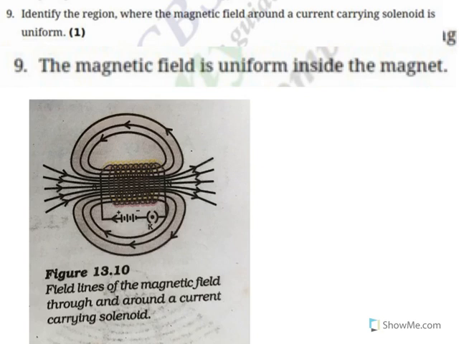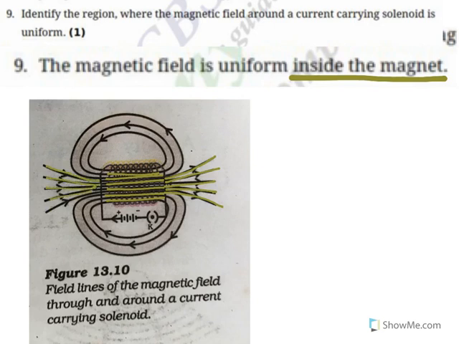Identify the region where the magnetic field around a current carrying solenoid is uniform. It's uniform inside the solenoid. Here in the diagram you can see inside the lines are straight and uniformly spaced, the distance between the lines is the same, but when it comes out you find the distance between the lines keeps on increasing.